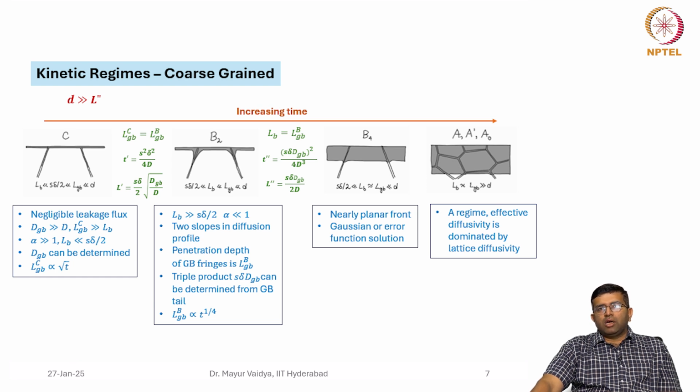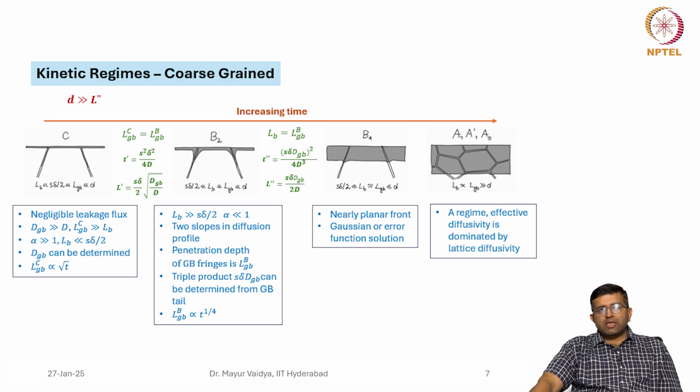So here the transition time is again obtained by equating LB equal to LGBB, and t double dash is written as S delta DGB whole square by 4D cube, and this is the L double dash, which is S delta DGB by 2D. So this is the L double dash which we defined here.